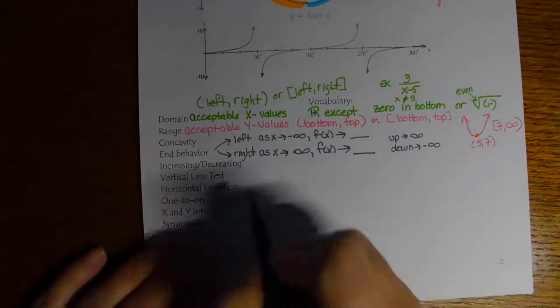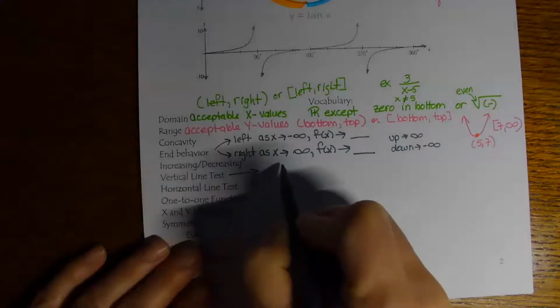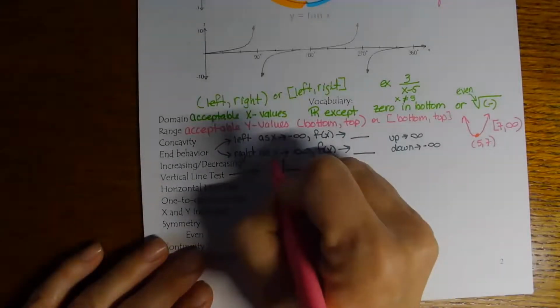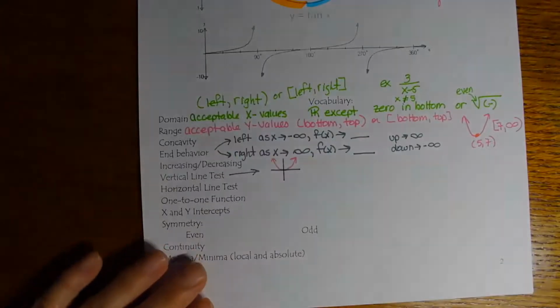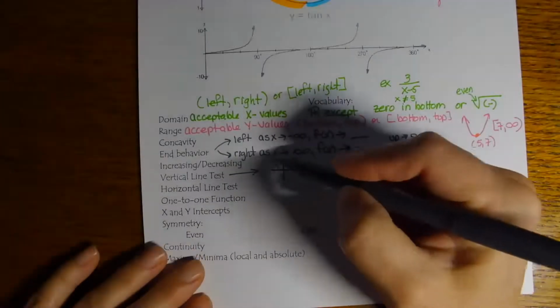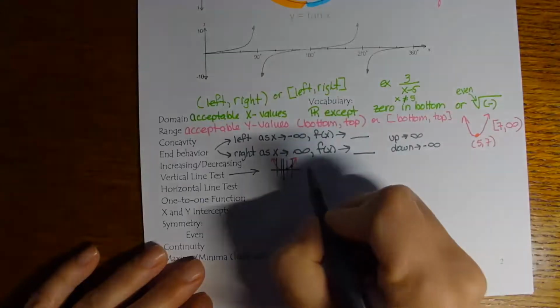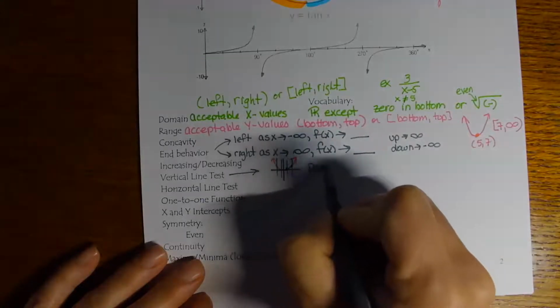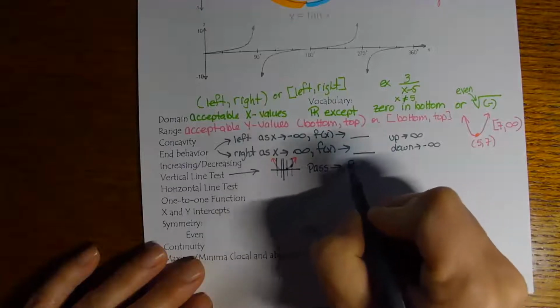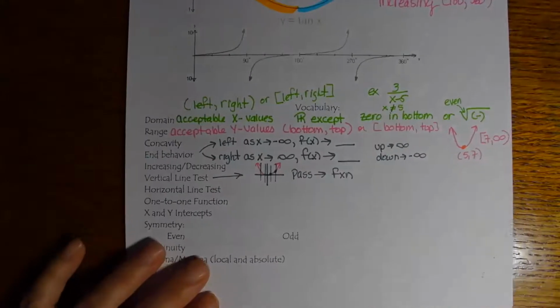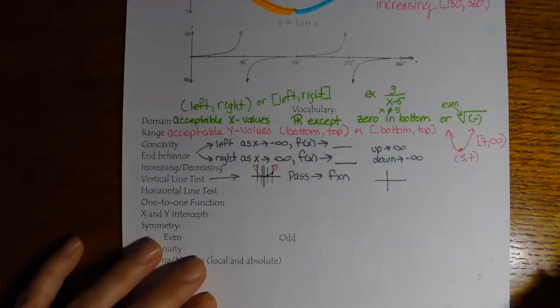Yes, excellent work. So the vertical line test, we have, let's say, a shape, and we draw vertical lines, right? If it passes the test, function. Let's draw another one.